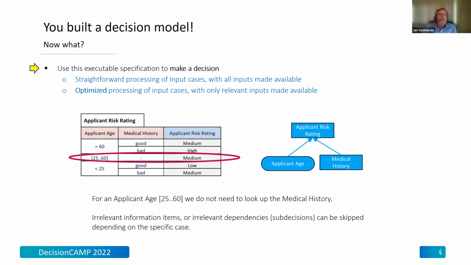You don't want it. Just like in this DRD here, the applicant risk rating depends on input element H, information item, and another decision, medical history. But of course, not in all cases. In our case of 25 to 60, the medical history is not relevant. You don't have to look it up.